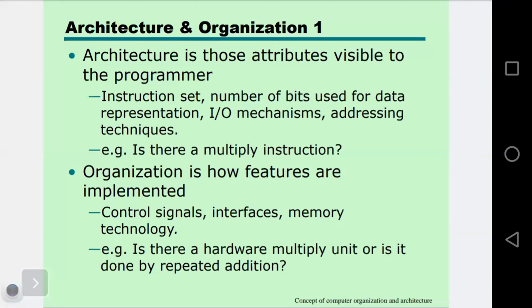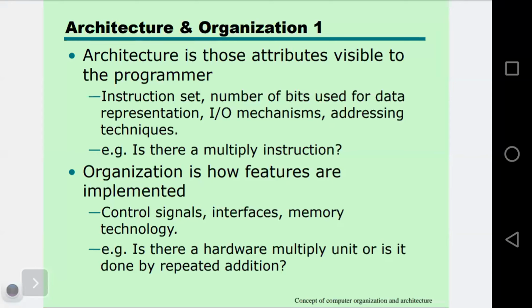For example, instruction set. Suppose you want to multiply, and you are a programmer. The definition suggests architecture is those attributes which are visible to the programmer. Now if you want to multiply, what should you know? What instructions are available for the multiplication?